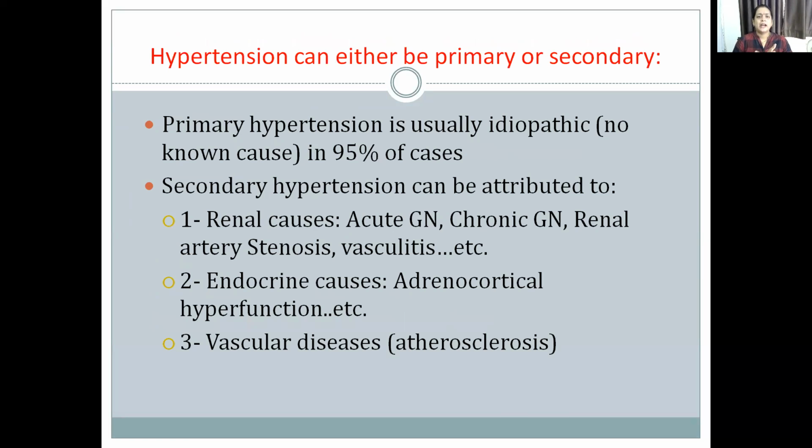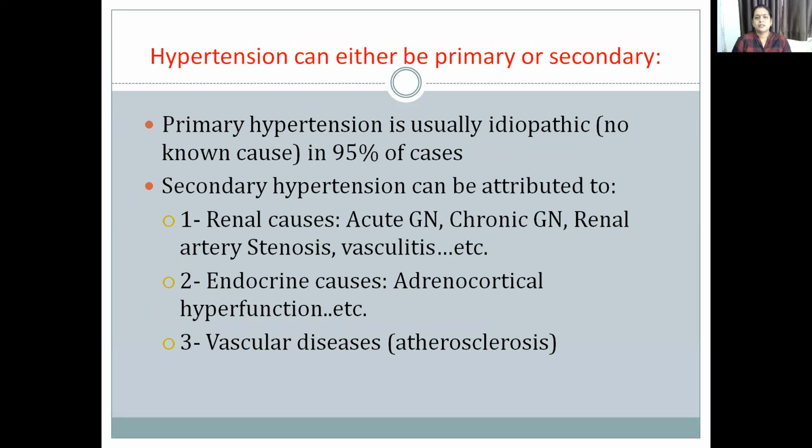Any hypertension can be primary or secondary. Primary is idiopathic. Secondary hypertension can be attributed to vascular causes like atherosclerosis, endocrine causes like adrenocortical hyperfunction, and renal causes like acute glomerulonephritis, chronic glomerulonephritis, and renal artery stenosis.